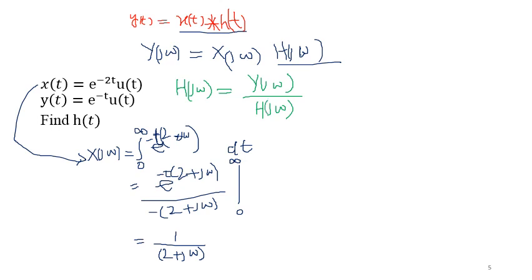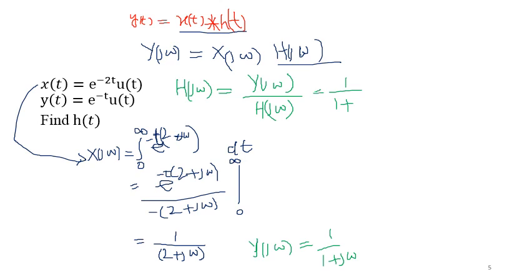Using the same procedure you can find Y of j omega, which I will just write straight away as 1 over (1 plus j omega).